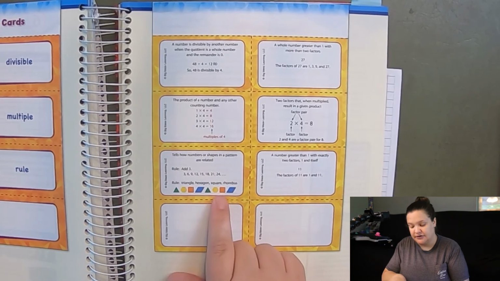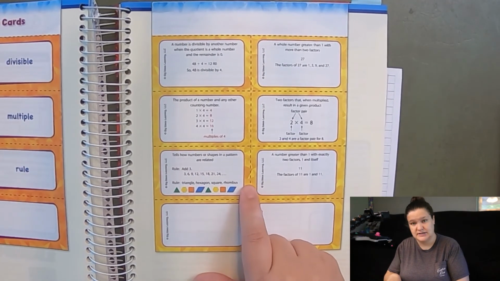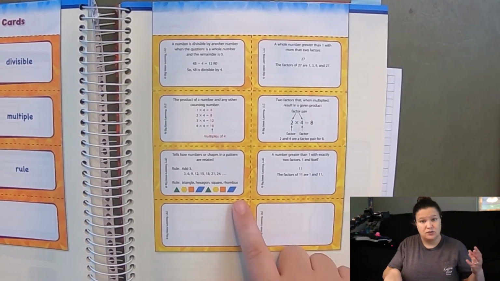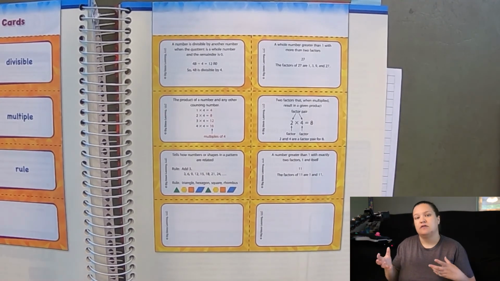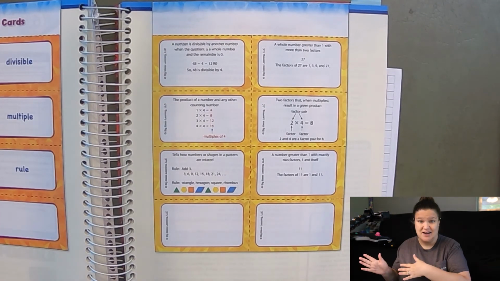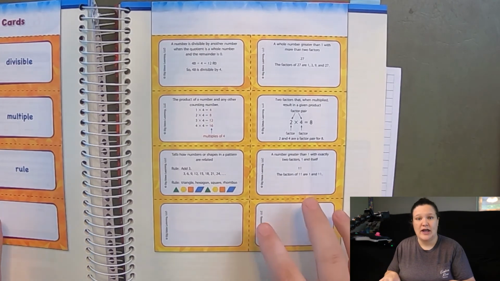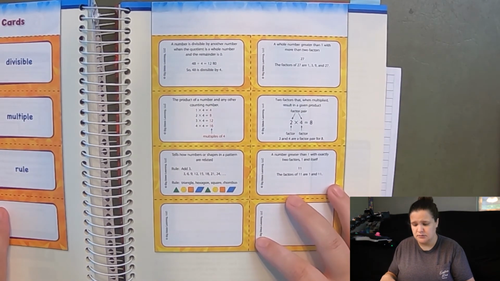In a pattern of shapes, my rule is triangle, hexagon, square, rhombus. So after a rhombus, my next one is going to be another triangle. The rule tells you what the pattern is. Now, sometimes you're going to be asked to find the rule instead of just using the rule to find the next number. All right, so that is the new vocabulary for Chapter 6.